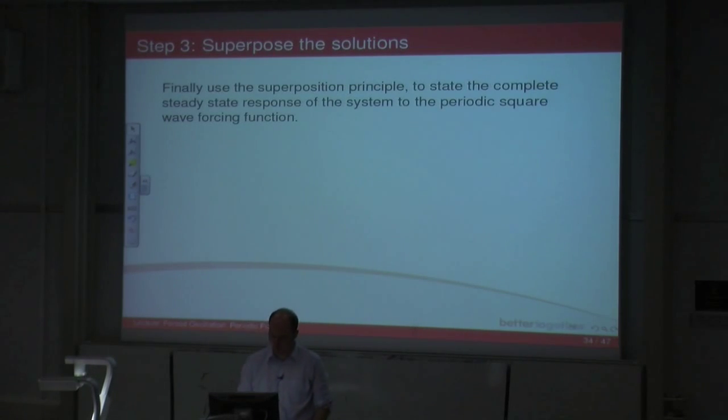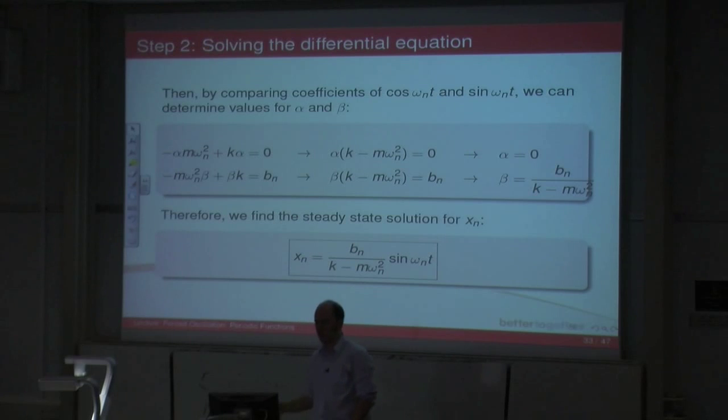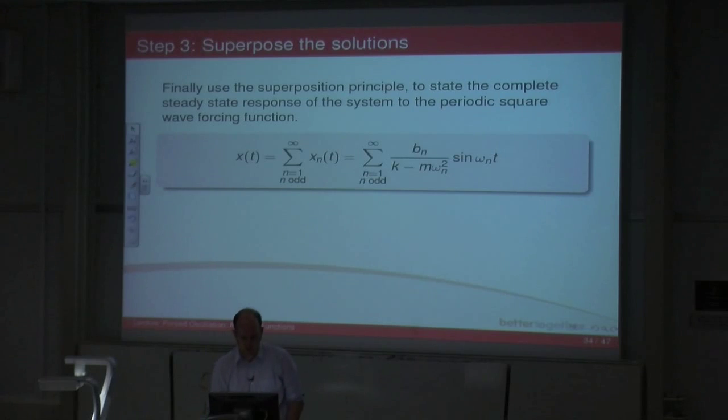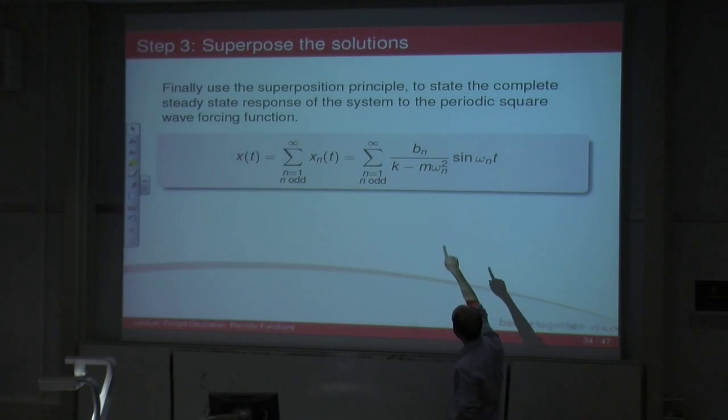And then we've got a value for x, our solution for that one harmonic, but then you have to find the solution to all of them and then add them together, and that's the superposition principle. And so x of t is the sum of all those x of n terms, so it's the constant times b of n over k minus m omega n squared times sine omega n t.